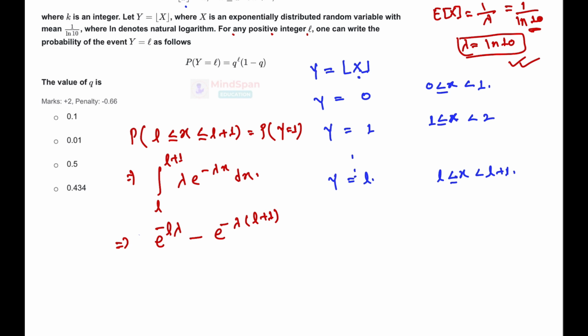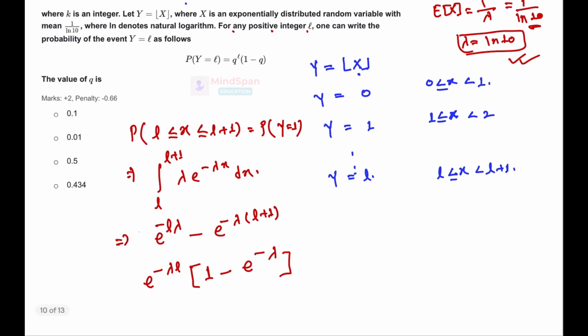So from here you can see we can take the common e to the power minus lambda l, right? And if we take the common here, we will have 1 minus e to the power minus lambda, right? Now let's put the value of lambda, so that will be equal to e to the power minus ln 10, ln 10 is nothing but log base e of 10, right?